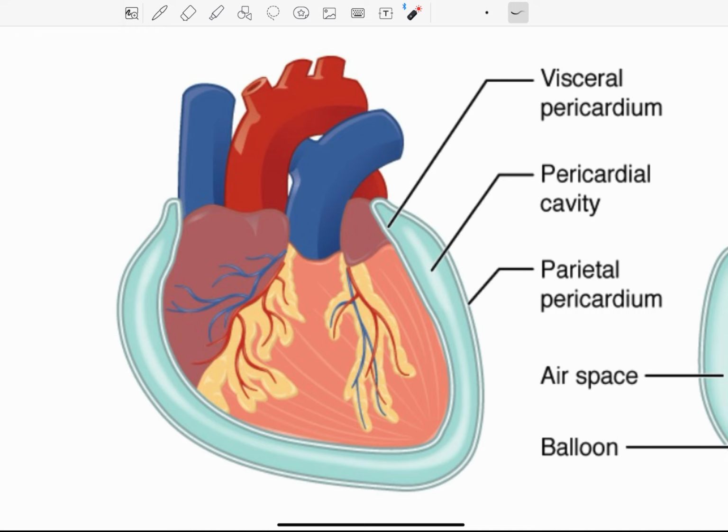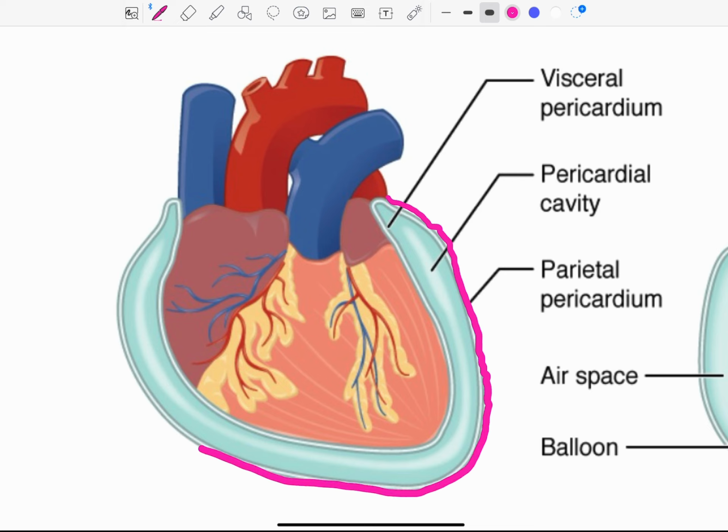So when we look at here, we can actually add a layer to this, and I'm going to add a layer on the outside. On the outside, we have the fibrous pericardium, and I'm just going to draw it all the way around here. And with a name like fibrous pericardium, you can probably already start to get a sense as to what its job is.